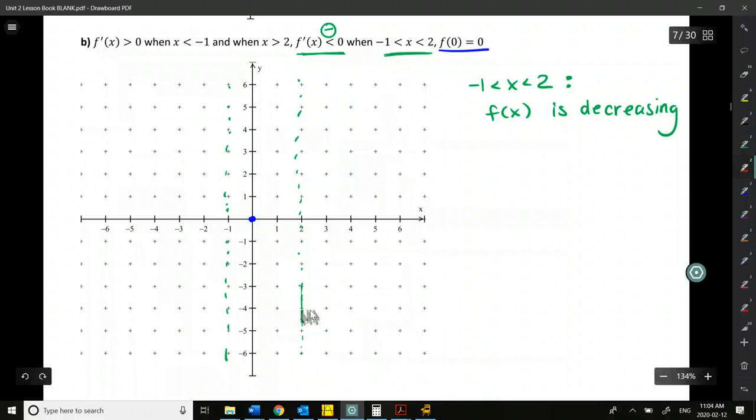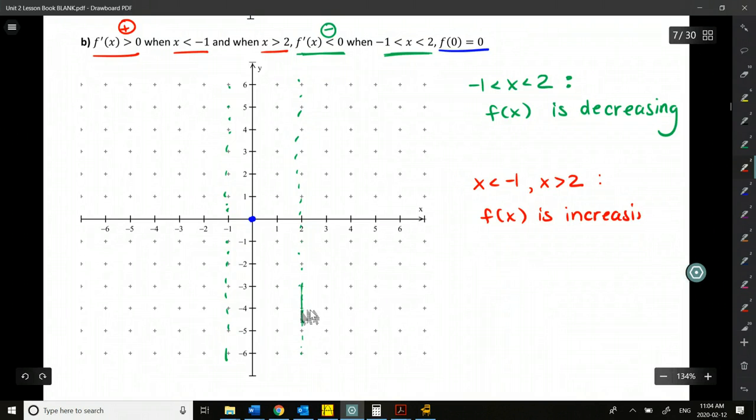And then in the opposite sections, when x is less than -1 or x is greater than 2, the first derivative is positive. So what does that tell me about f(x)? At -1, my function changes from increasing to decreasing.